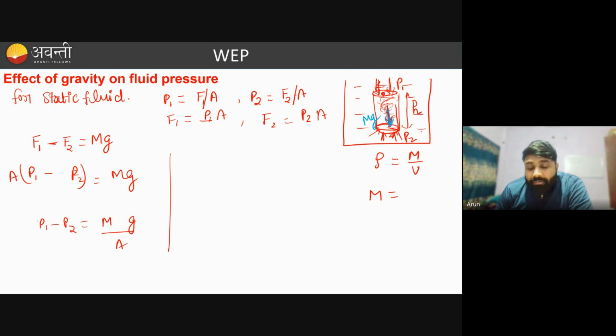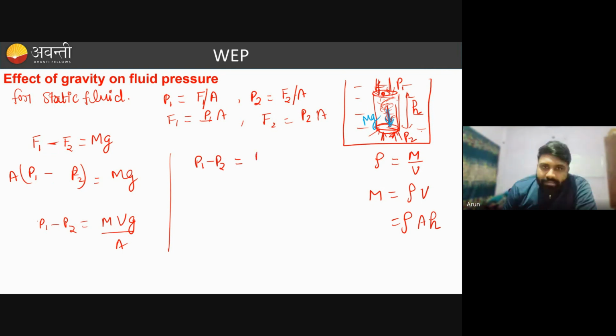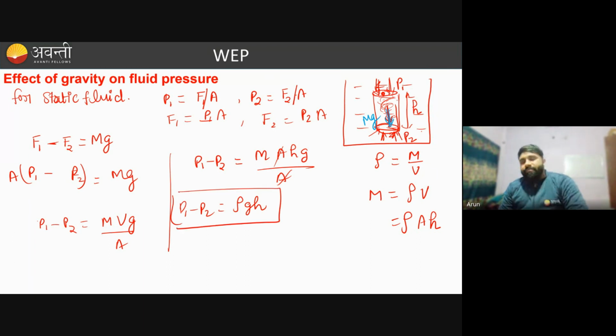Volume you can write here as height of this cylinder multiplied by the area, so it will be area into height. Now similarly we can put the volume here, mass equals density into volume. P1 minus P2 is given by rho, area, height into gravity divided by area. So P1 minus P2 here is rho g h. So this is the pressure difference, which means if we are going in depth, the pressure will increase.